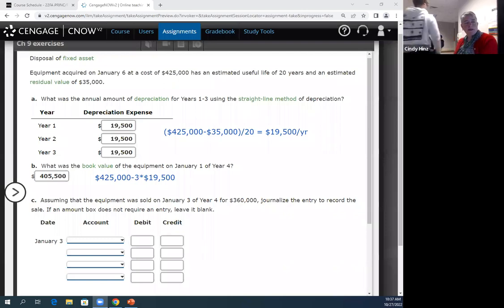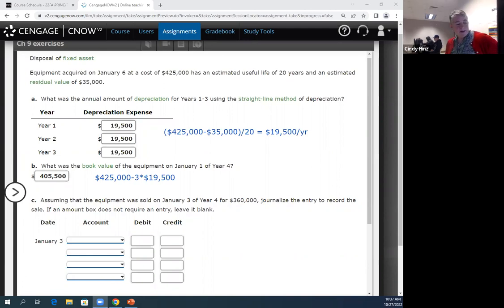Okay, so I found an annual depreciation of $19,500. And if we record that for 3 years straight, then at the end of the 3rd year or the beginning of the 4th year, the book value or carrying value of that equipment would be $405,500.